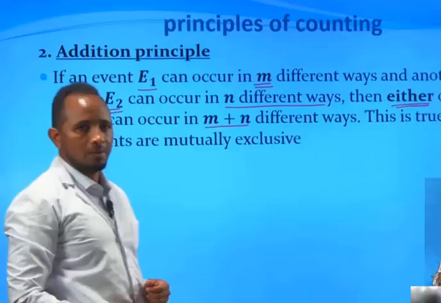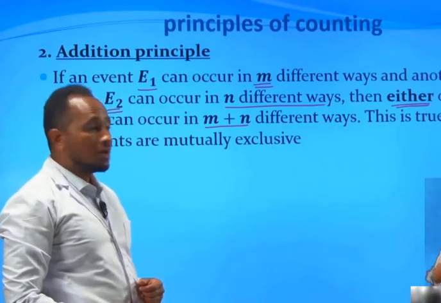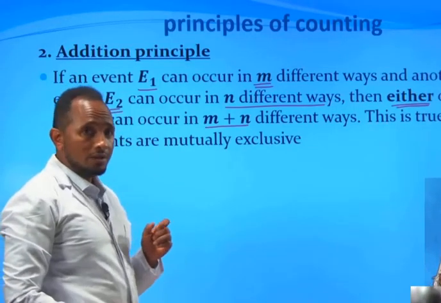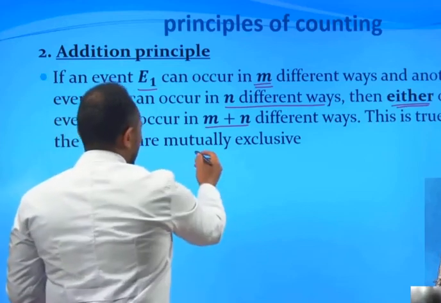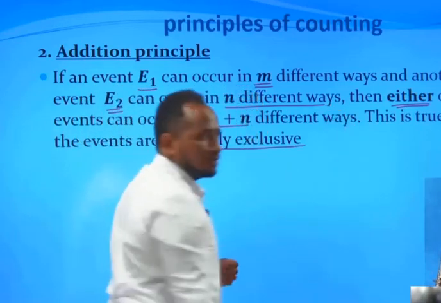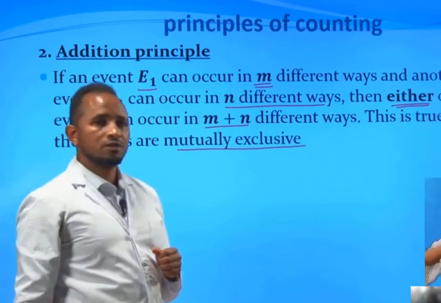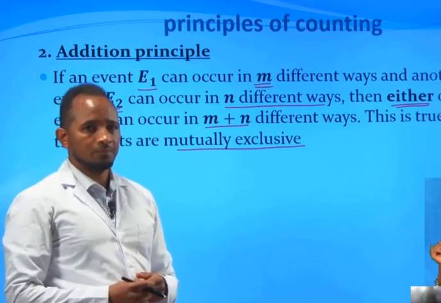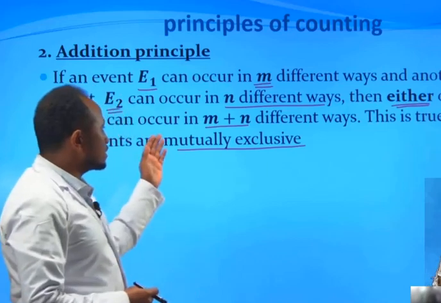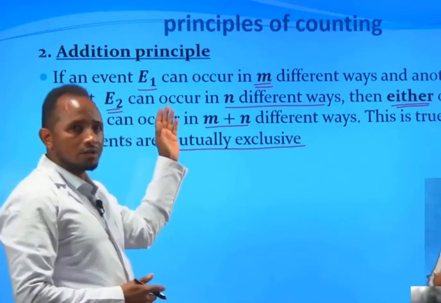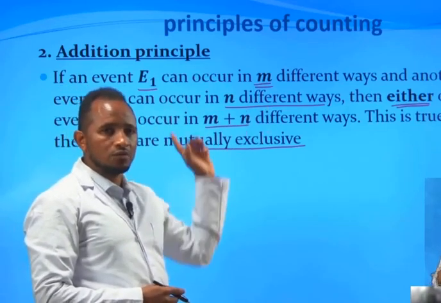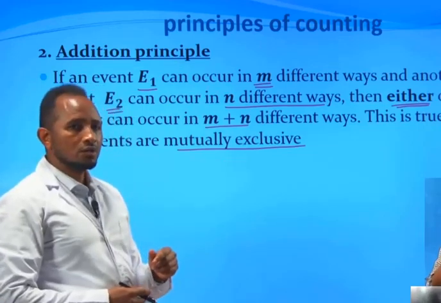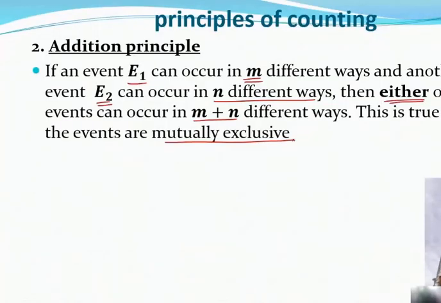In this case, you add m plus n. But this is true when the events are mutually exclusive. Mutually exclusive events are events that do not have any intersection or common part. So for mutually exclusive events, if event 1 occurs in m different ways and event 2 occurs in n different ways, then either event 1 or event 2 occurs in m plus n different ways.